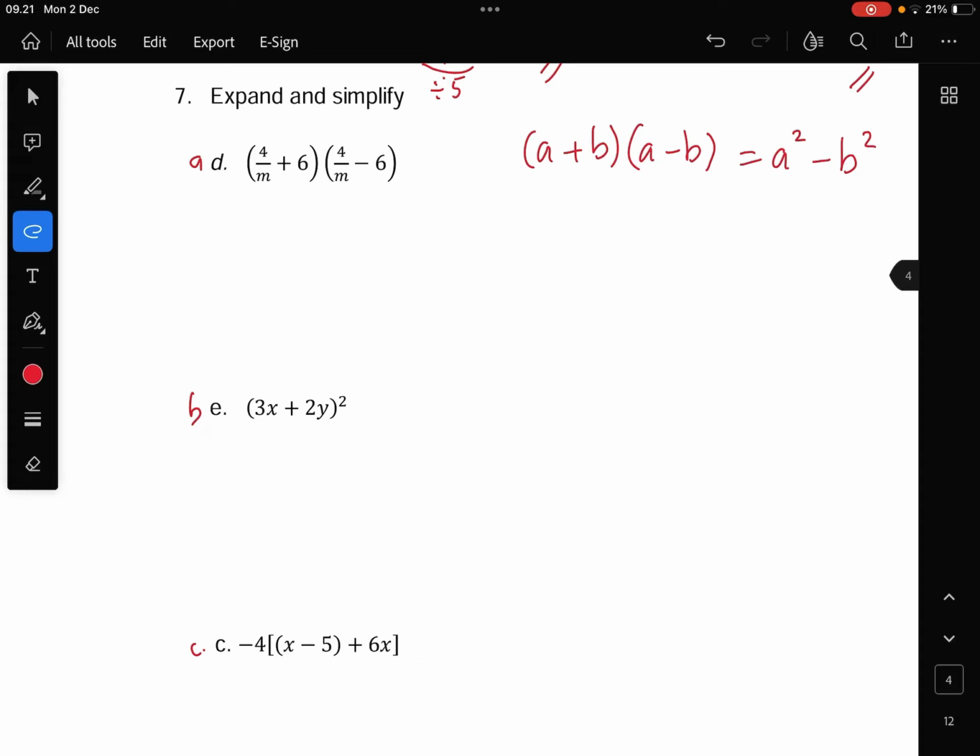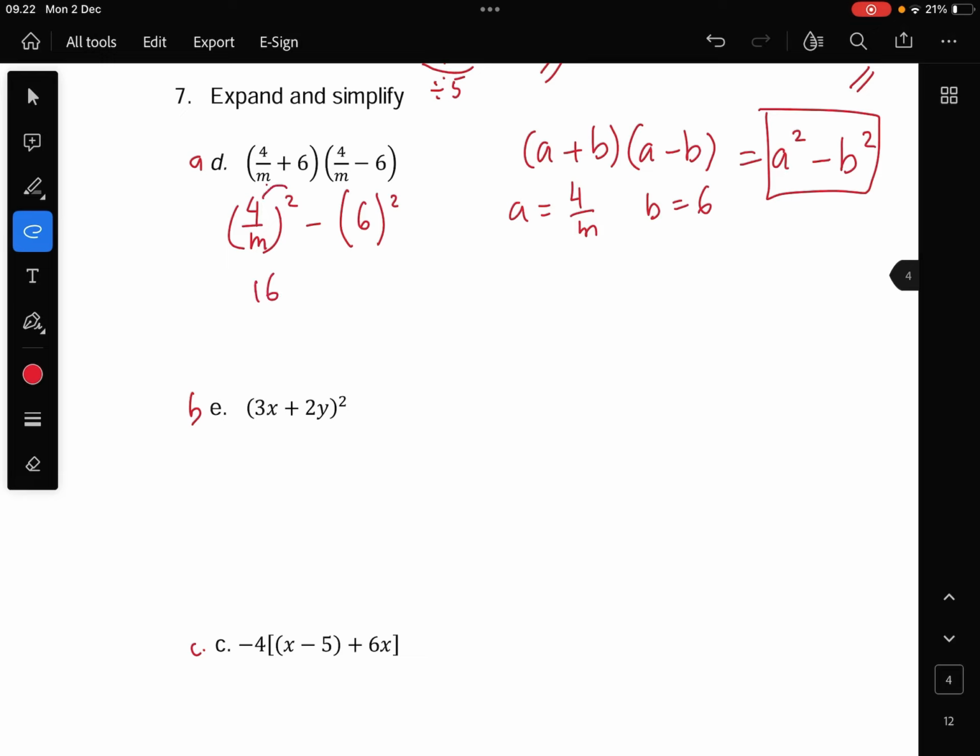So actually number 7a is basically the same thing. Identify your a as 4 over m and b as 6, right? So we can just leave it as a squared minus b squared. So 4 over m squared minus 6 squared.